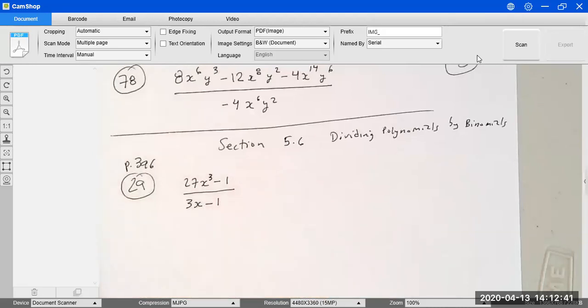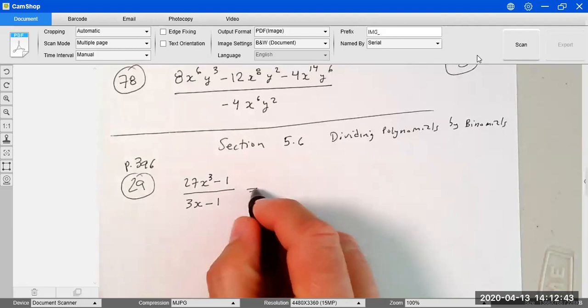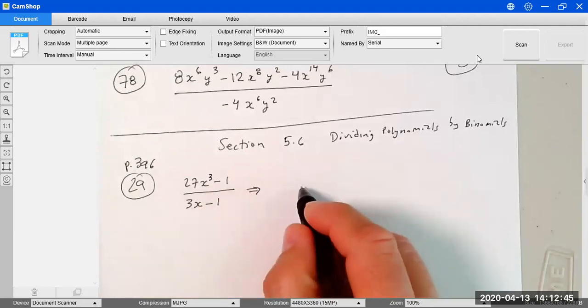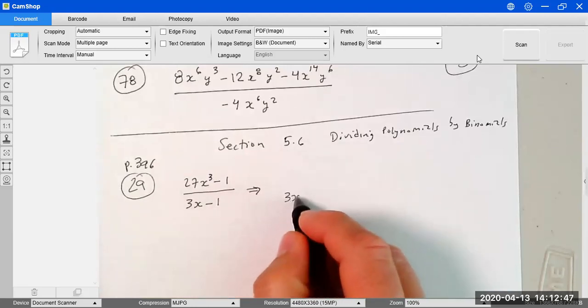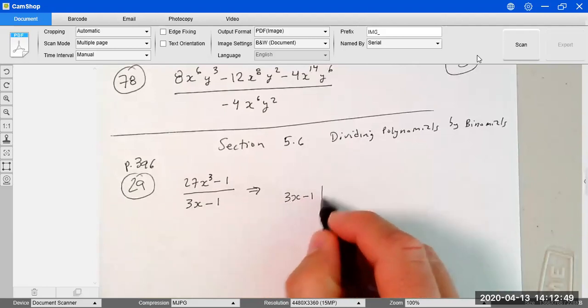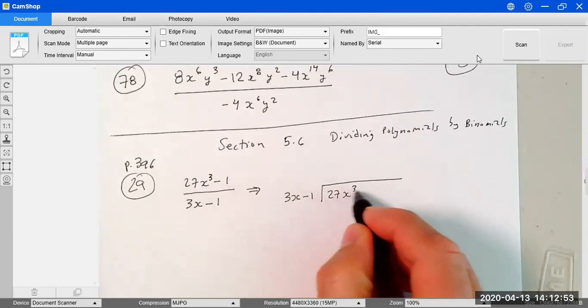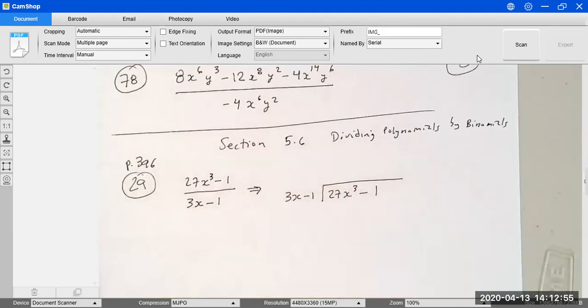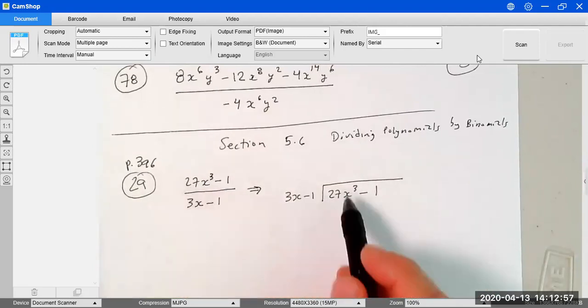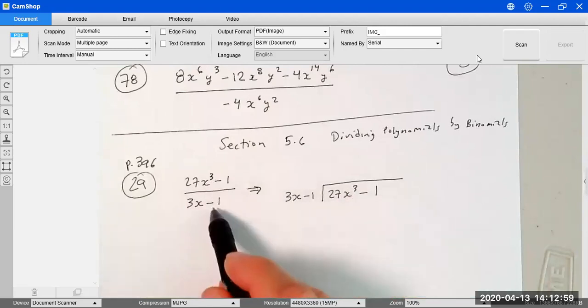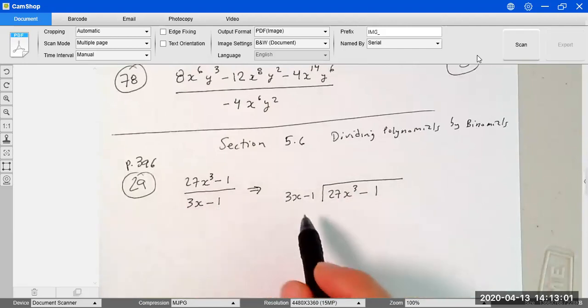So we're going to write this division in the traditional way. So we're going to have 3x minus 1 that divides 27x cubed minus 1. So our numerator becomes the dividend and the denominator becomes the divisor.